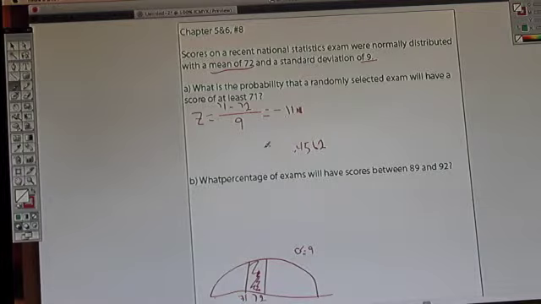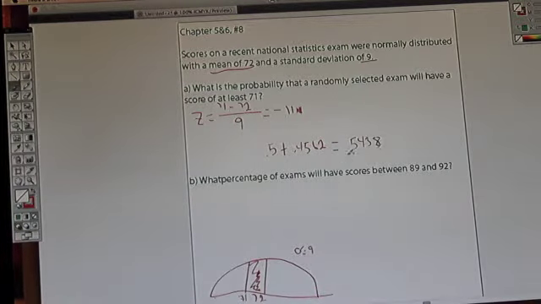Now, you're not done yet, because you need to find the area in between there. That number just gave you your z-score value. You're going to do 0.5, because that would be your midway, and add it to that value. When you do that, you get 0.5438.